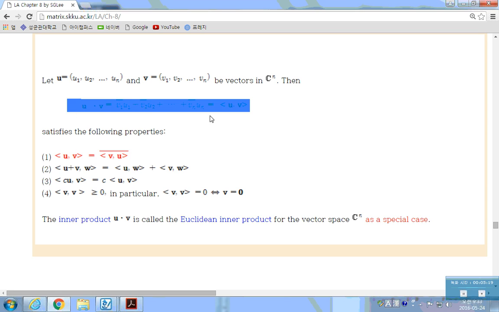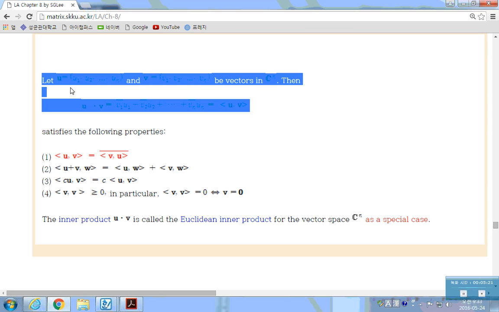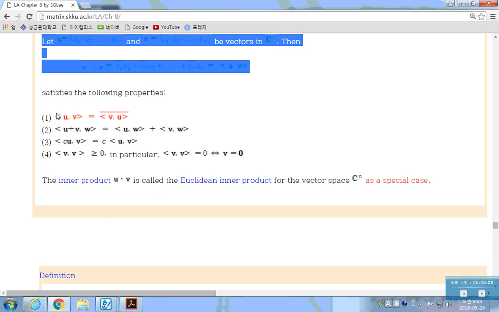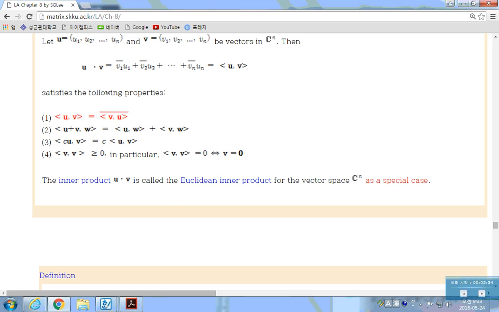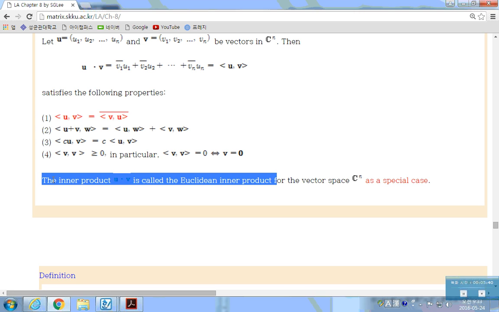If we define it like this for the vectors in Cn, then it satisfies the following four properties. Then we call it an inner product, a Euclidean inner product. So this is a special case of an inner product, and the previous dot product that you learned in chapter 1 is a special case of this Euclidean inner product.